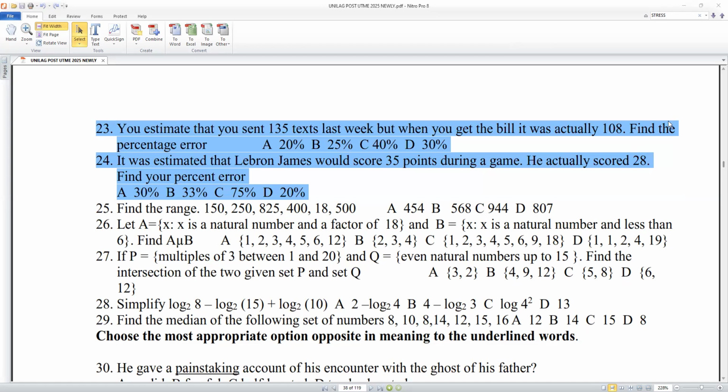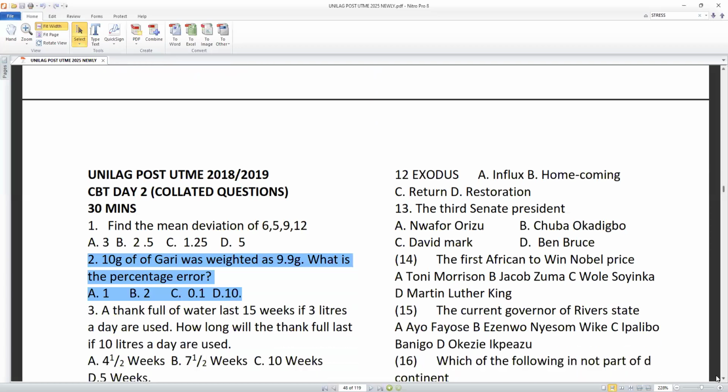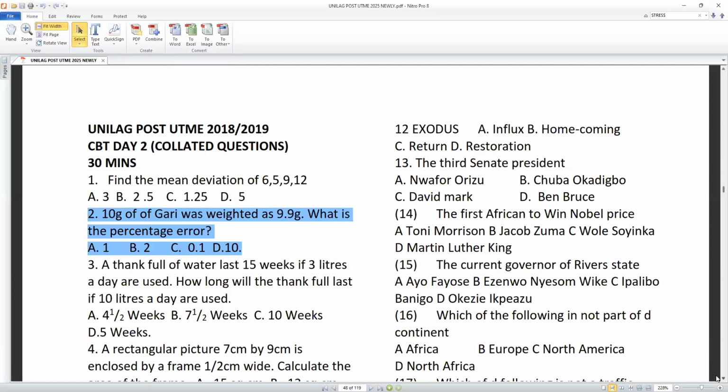Those of you that used to drink gari, you weigh your gari before you drink it. Now, you can see the question displayed.